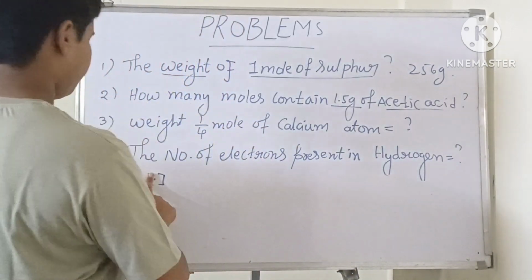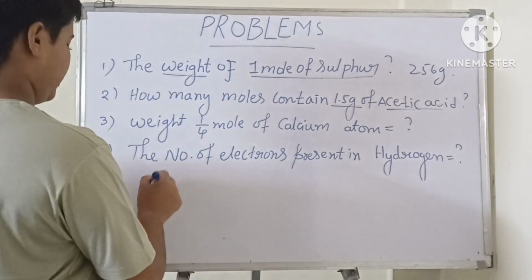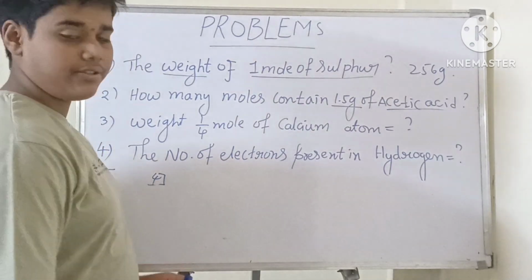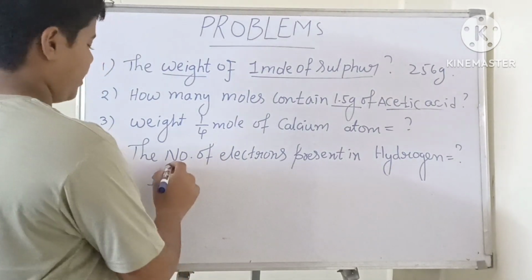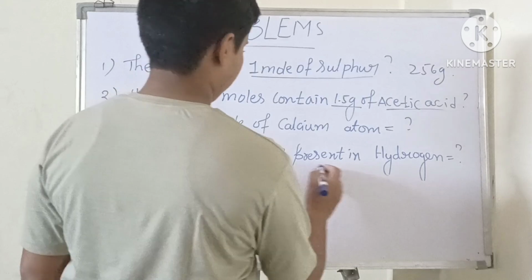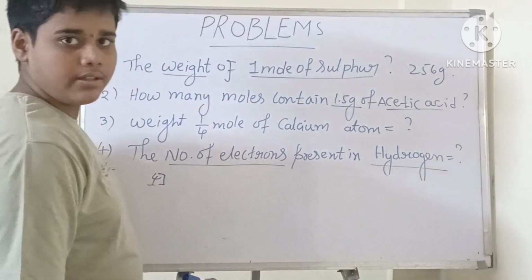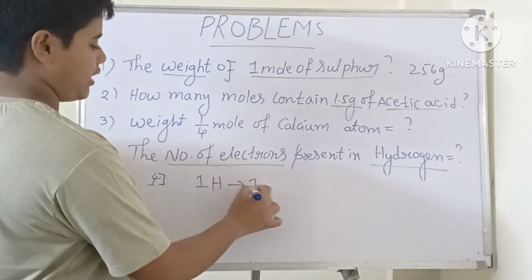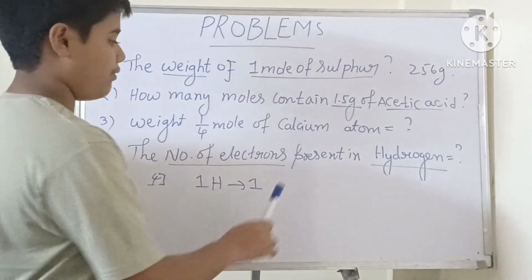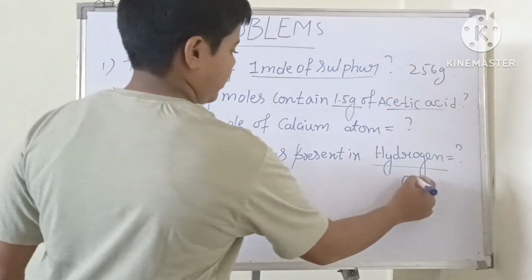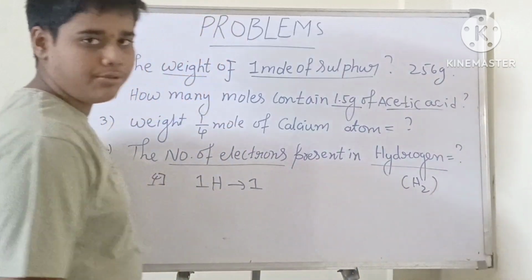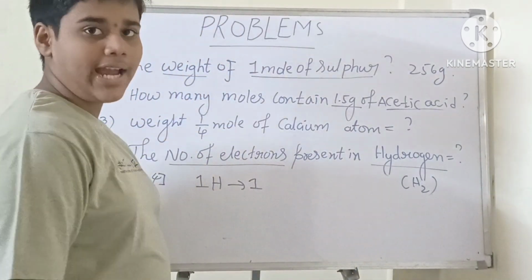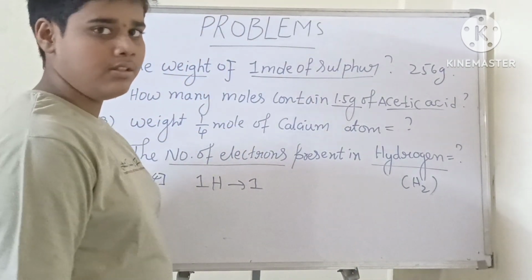And fourth sum. Number of electrons present in hydrogen. Here they ask you to find the number of electrons present in hydrogen. In one hydrogen, 1 electron will be present. Here we have to take hydrogen as H2, because they did not mention hydrogen atom or hydrogen molecule.